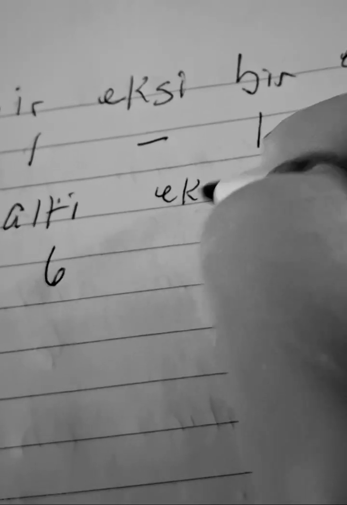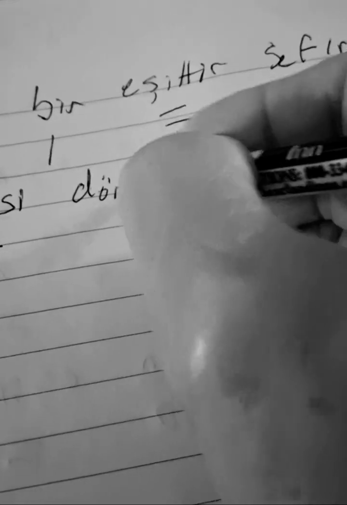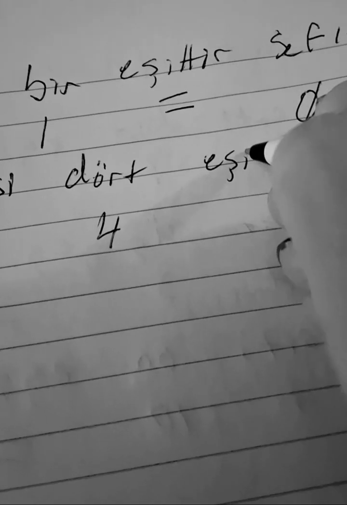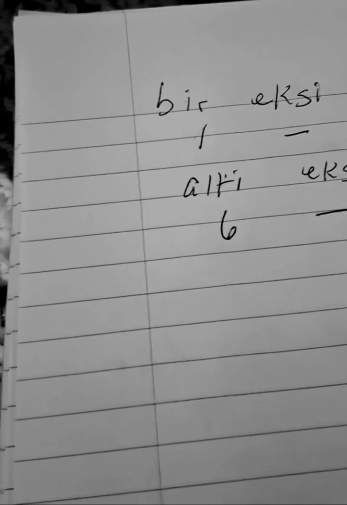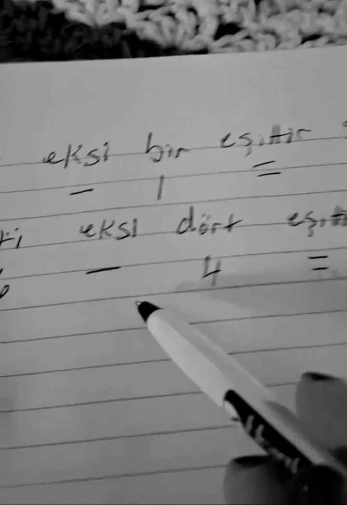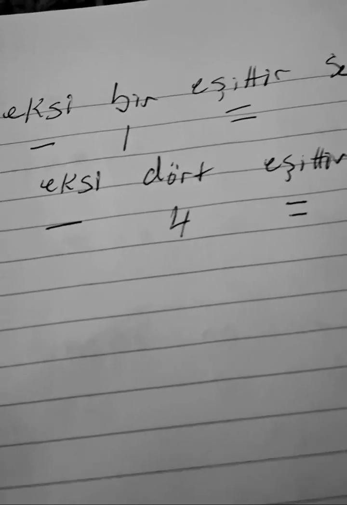All right, let's go to altı. 6 eksi minus dört 4 eşittir equals iki 2. All right.